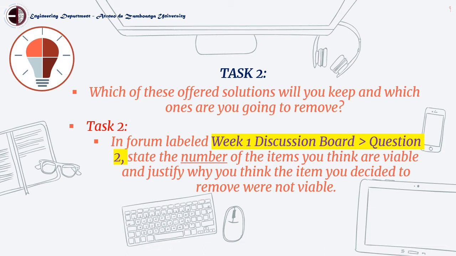So in week one discussion board under question two, you state which of these items you think are viable and you justify why you think the items you decided to remove were not viable. So you have to justify your decision. Why did you remove these alternatives? So post your answers in week one discussion board under question number two.